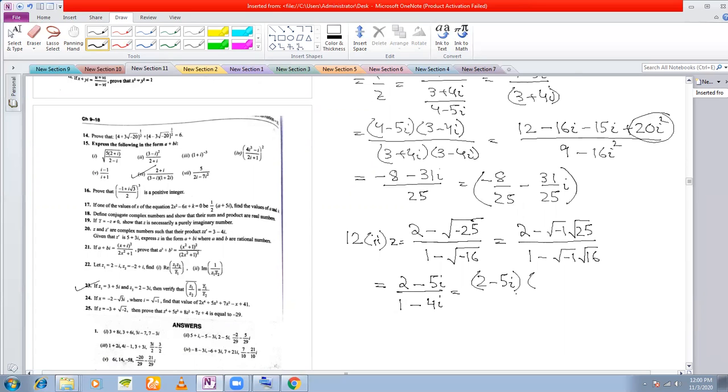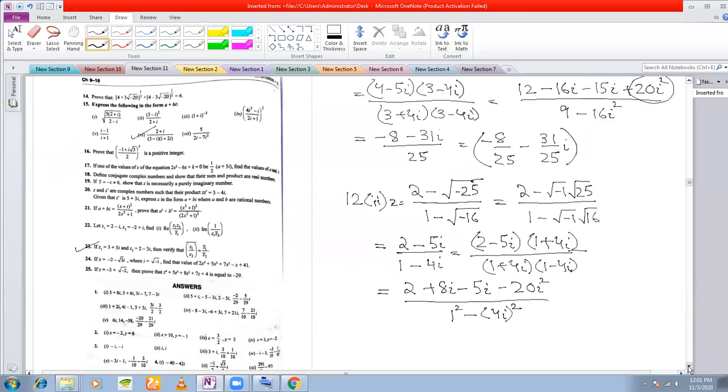Because we want to write it in the form a plus ib or x plus iy, that is why we multiply the numerator and denominator by 1 plus 4i. So this is 2 plus 8i minus 5i minus 20i square divided by 1 square minus 4i whole square.